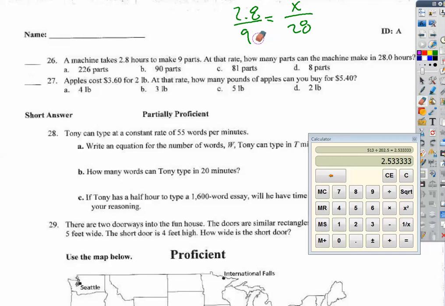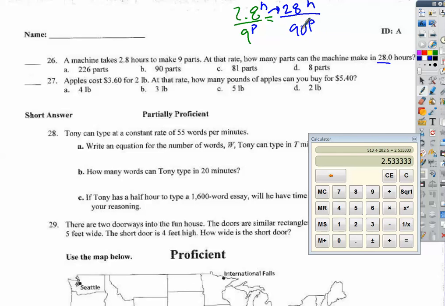And it's a good thing I did this. I should always label what this means. This is hours and this is parts. So that means I have to have hours in the numerator and parts in the denominator. So if we have 28 hours, I would have to go here. Now obviously the scale factor is 10, so it would be 90 parts.